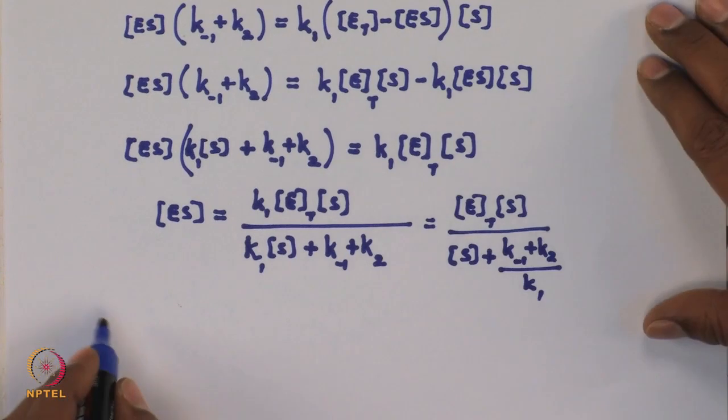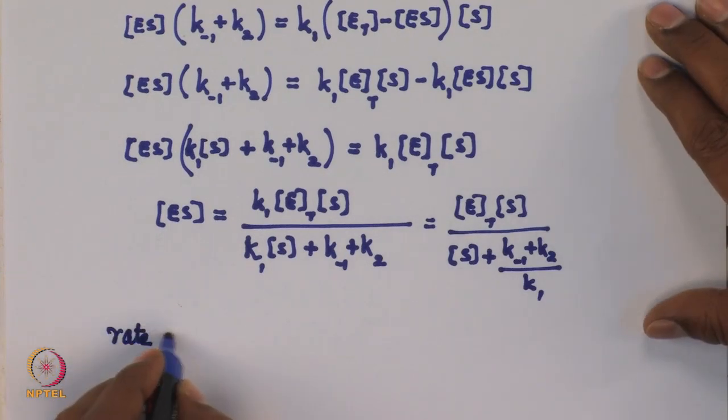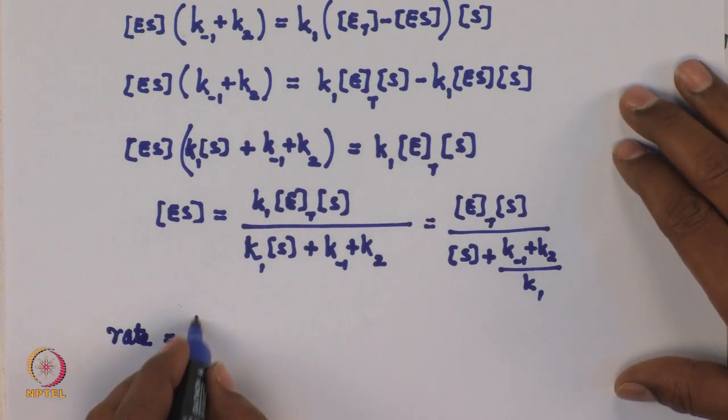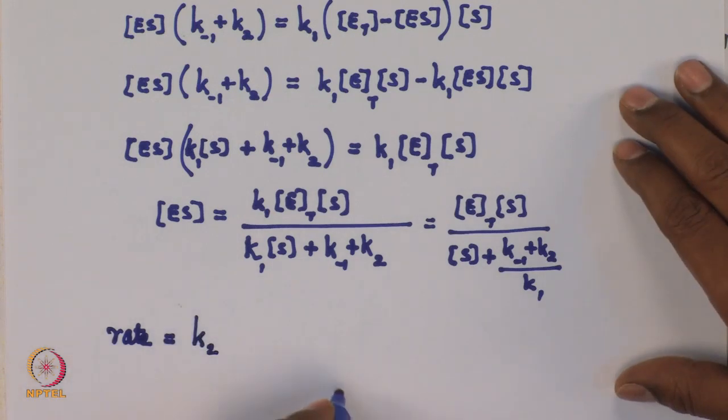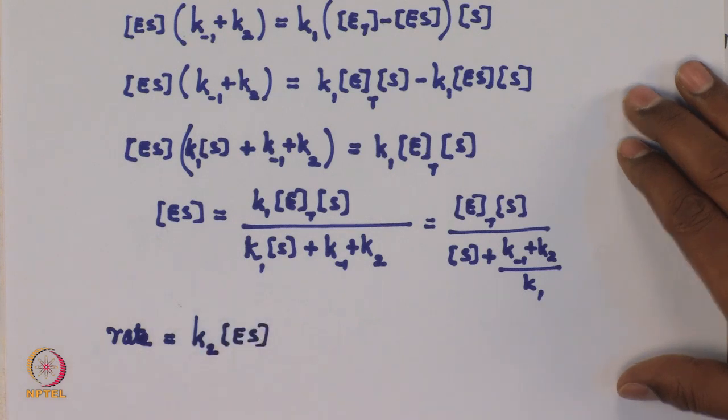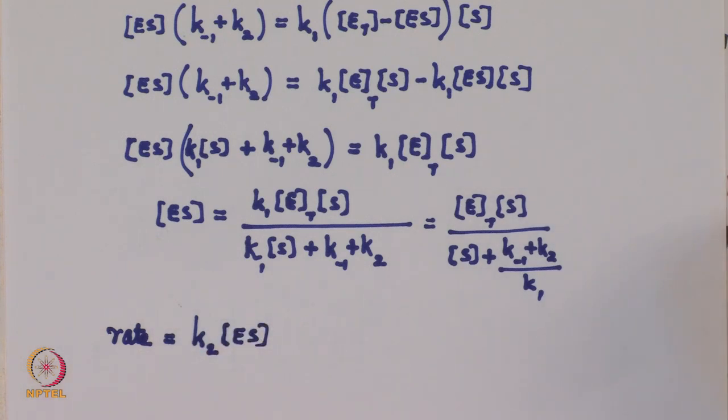And therefore, rate is equal to rate constant K2 into concentration of ES, that is from the definition of rate applied to equation 2.